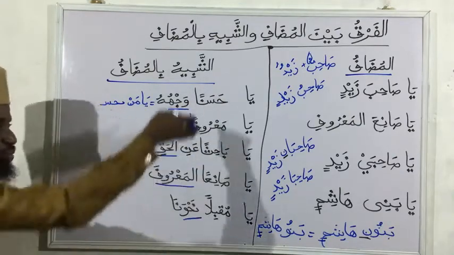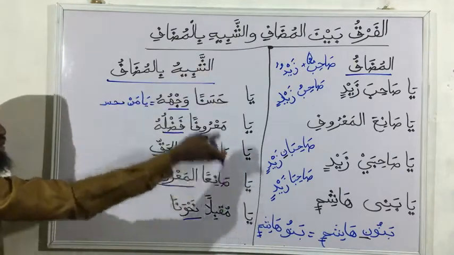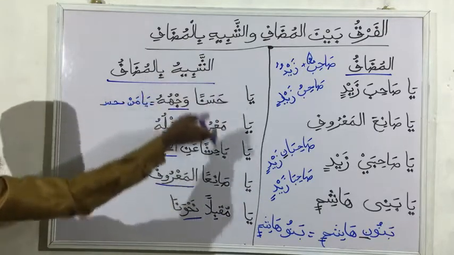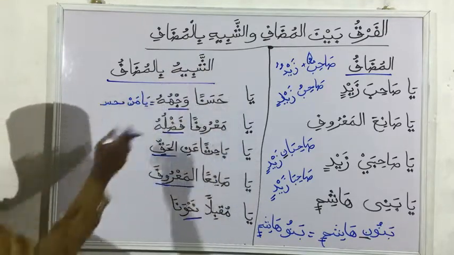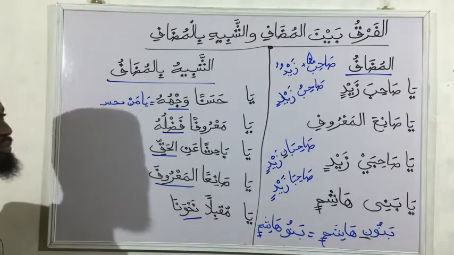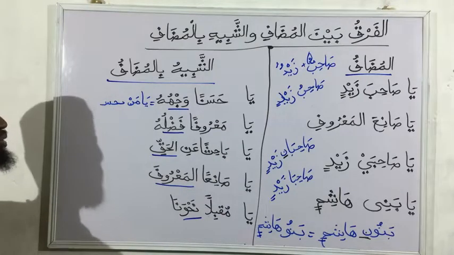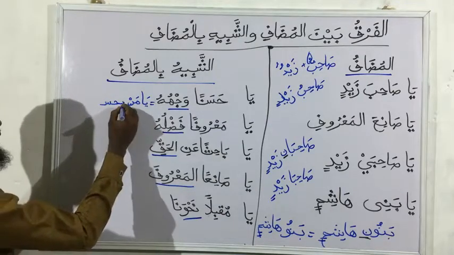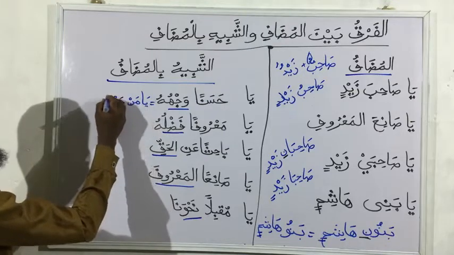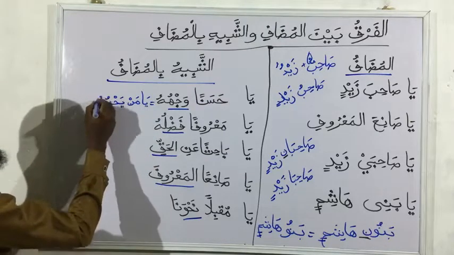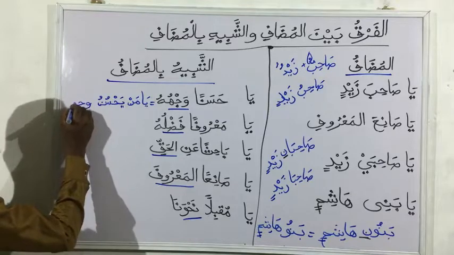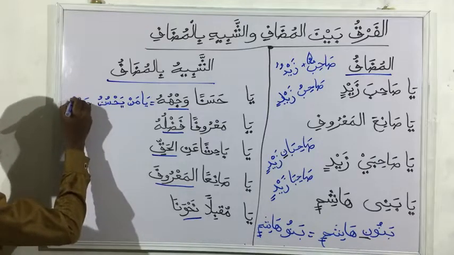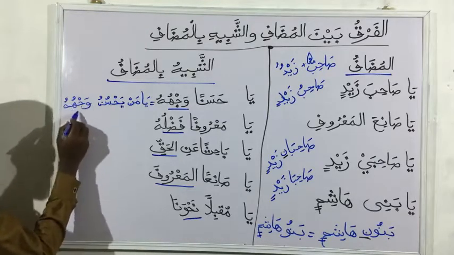If a verb is able to fit in for your Shabihu bil Mudaaf, you can substitute it with a verb. Do you get now? So it will be Ya man yahsunu, from hasuna. Ya man yahsunu wajhuhu. You can see that this wajhu is taken off because it is the fa'il.